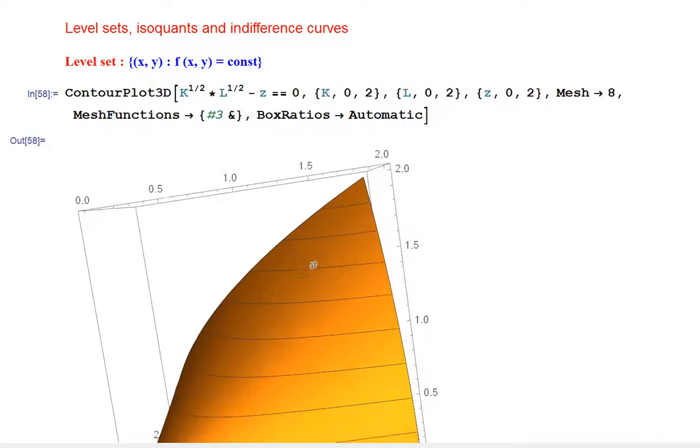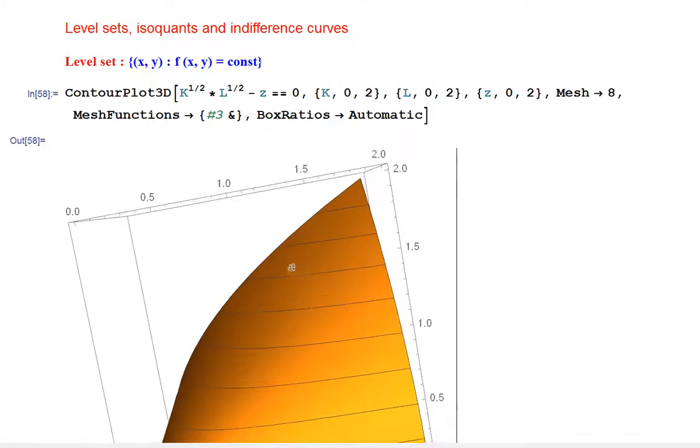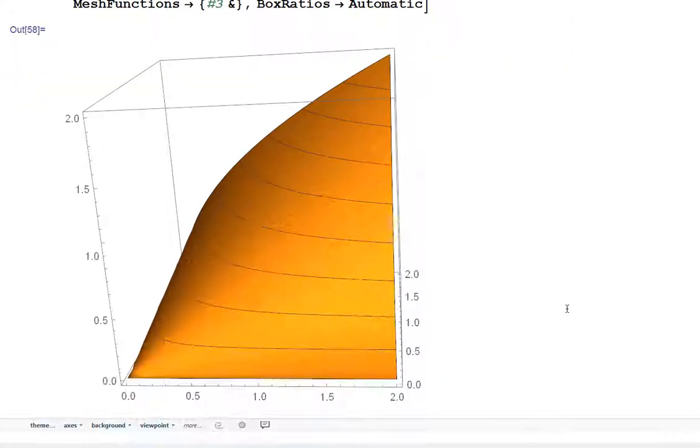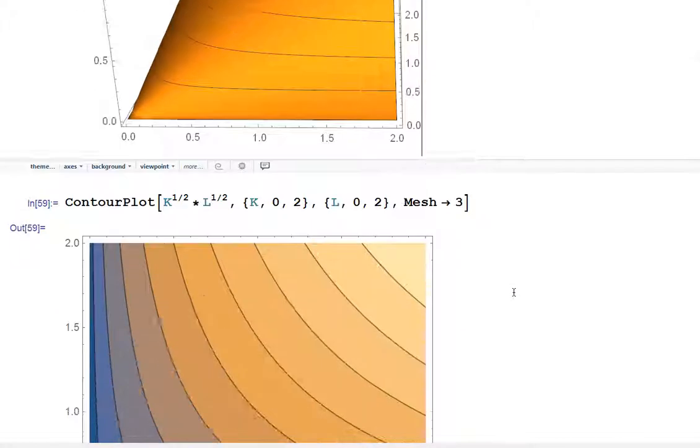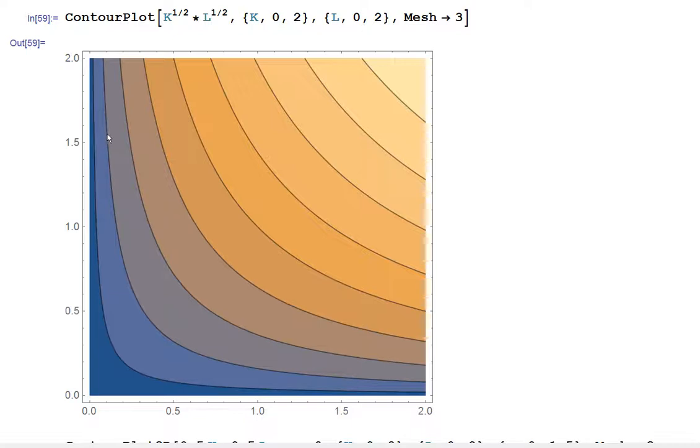And again, they are obtained in exactly the same way. We cut the surface of the function in three-dimensional space with horizontal planes, and the curves that are obtained in the intersection are projected onto the plane. And again, we get something familiar. These would be indifference curves in the case when the original function of two arguments is a utility function.